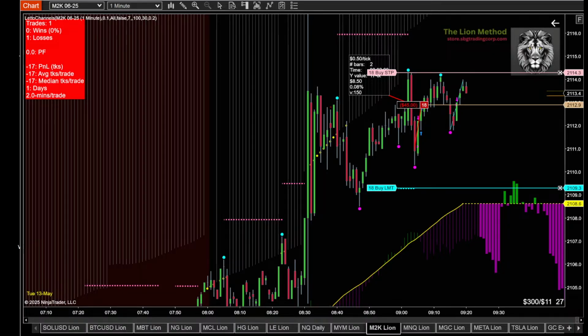Come on, Russell, you can break down anytime you want. Let's keep breaking lower. Let's see if we can break down into some positive territory, or is it just too tough? Then we'll wait for the next signal. That's fine.